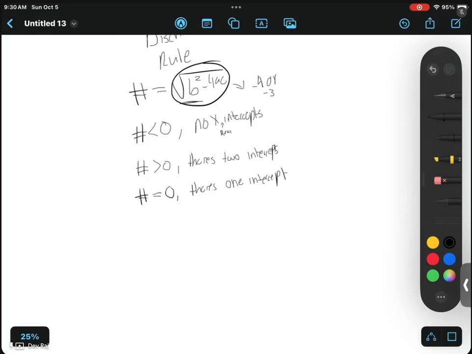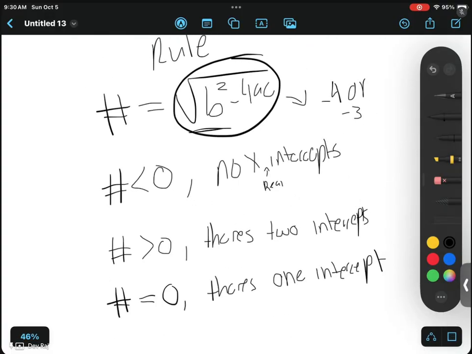Okay, and one easy way to remember this is if the number is less than 0, in the real world, you don't say I have negative hours to do this homework assignment, or I have negative hours to study. That's not a real thing. So we could just say no x values are real here because it's negative.